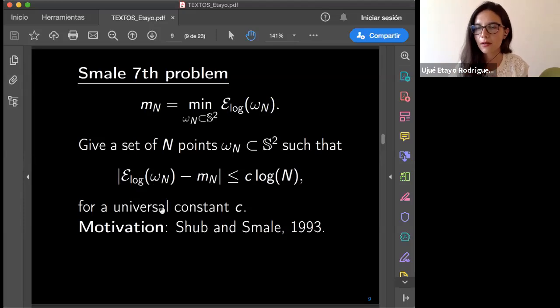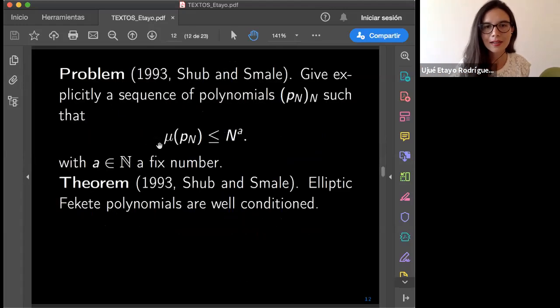Then those polynomials are going to be well conditioned. So the motivation for Smale's seventh problem doesn't come from potential theory directly, but from this problem of stability of polynomials, right?